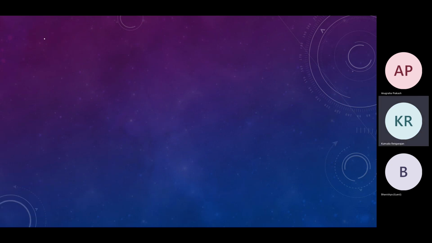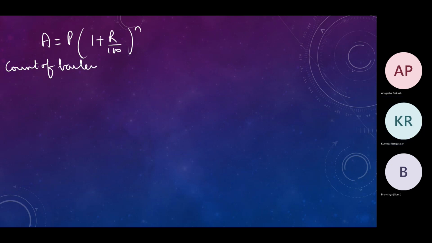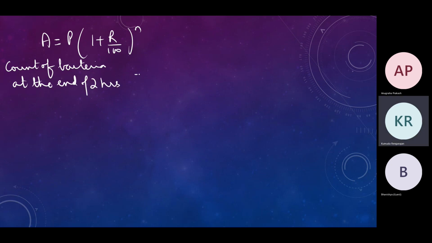So we just modify this formula. Amount is equal to P into 1 plus R by 100 to the power N. So amount is something which you get after a period of time. So count of bacteria after 2 hours, or at the end of 2 hours, is equal to P, the money which you invest in the bank initially, right?